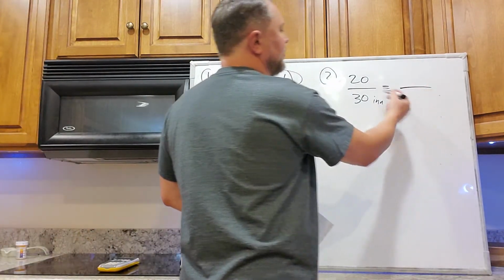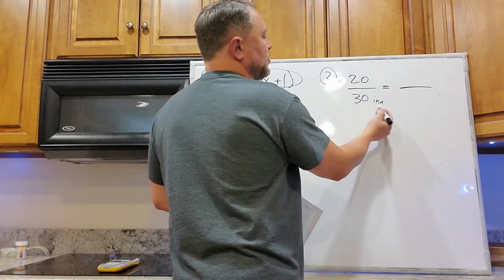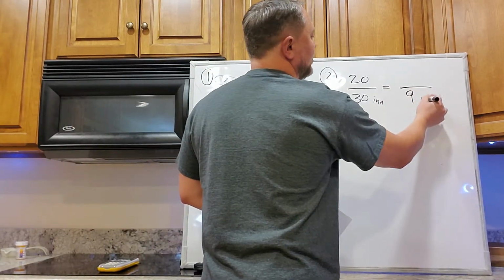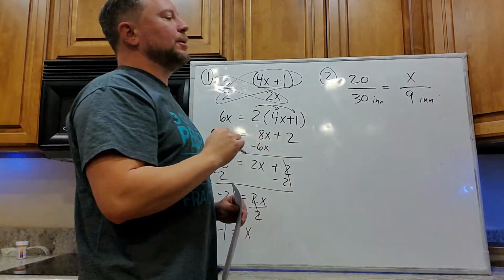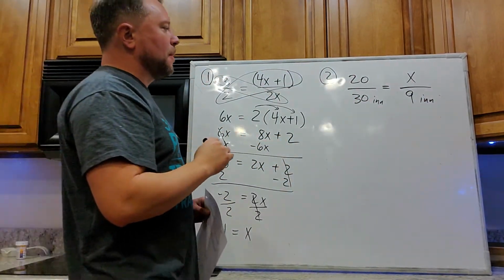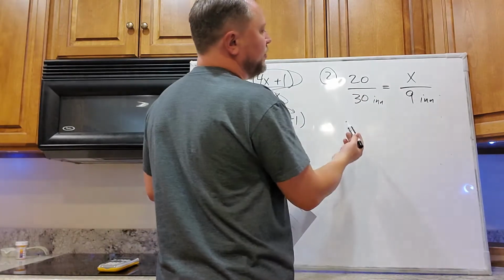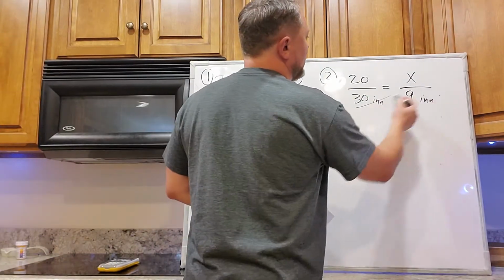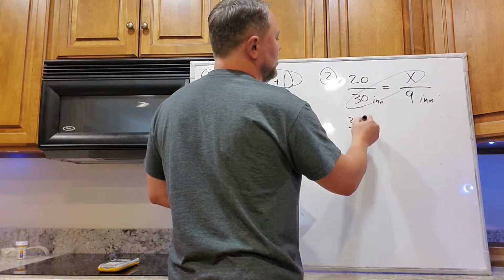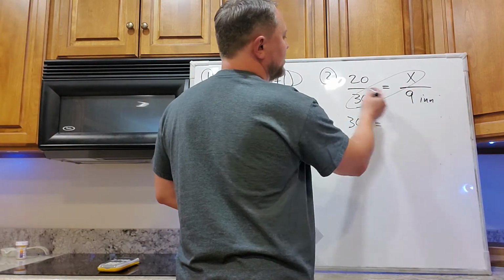So on the other half of our proportion, since I put innings on bottom here, I'm going to do the same here. And we want to know how many earned runs he would allow. Okay, so there's a good setup for our proportion. And just like we did on number 1, we begin by cross multiplying. So 30 times x is 30x.